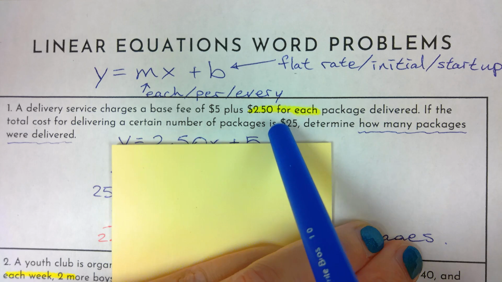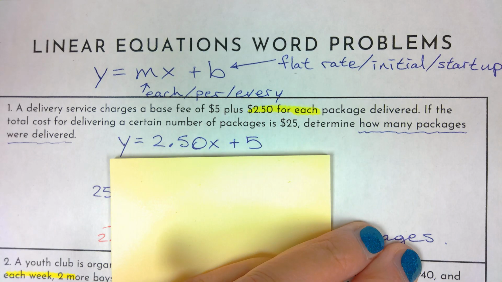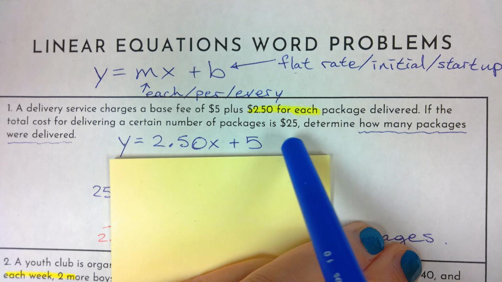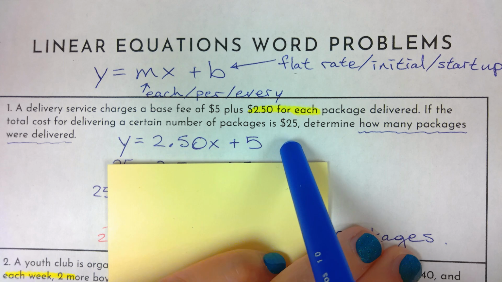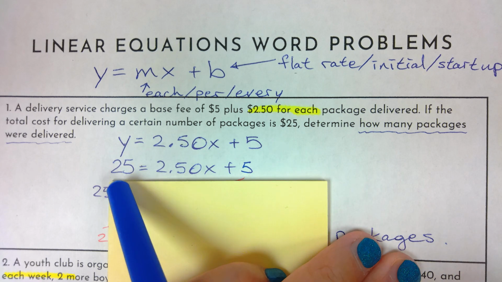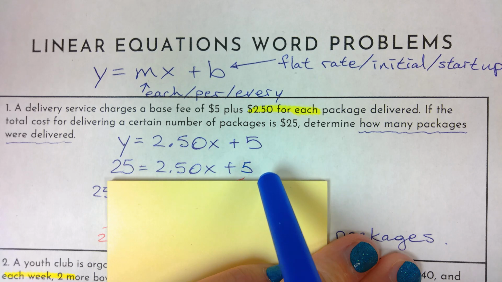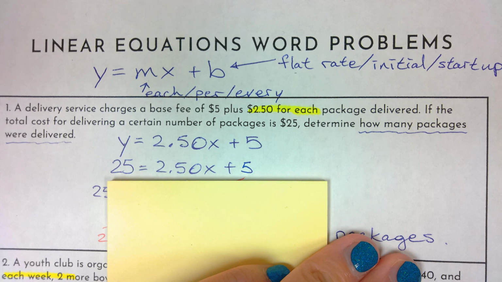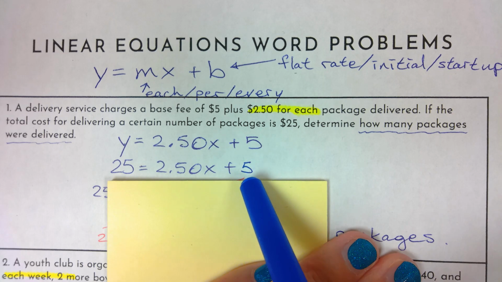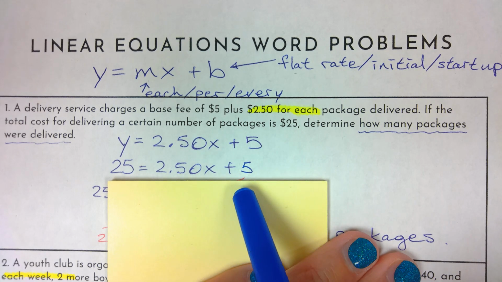Okay, and so when we write the equation, we will replace the m and the b, and we get y equals 2.5x plus 5. Now, if I have $25, I would replace the y with 25. And now this question is just like what we've been doing for the whole last week, solving a general standard equation.